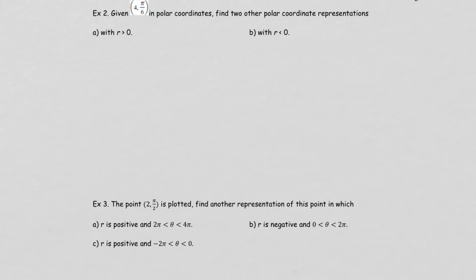Let's use example 2 to show that there could be more than one representation of the points. Given (4, pi over 6), using 4 and pi over 6, we wanted to show when the distance r is going to be positive.